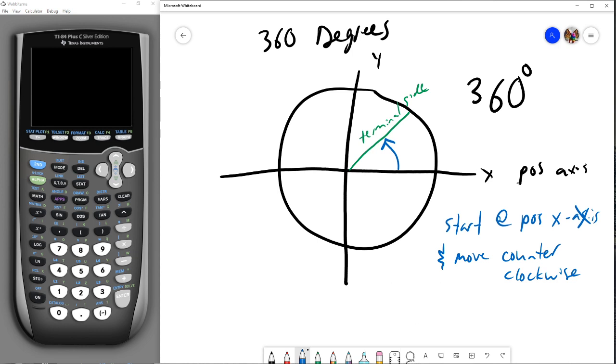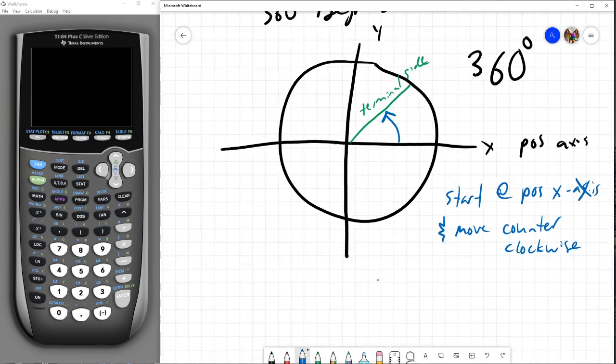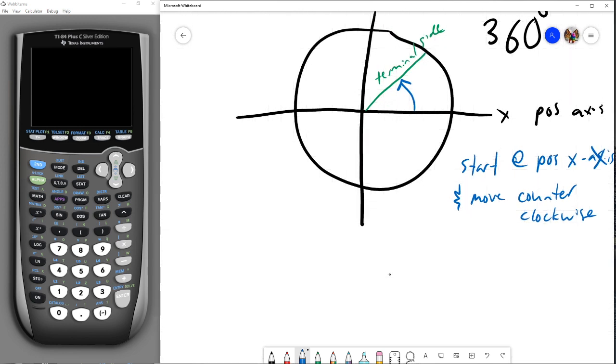So again, we are starting at the positive x-axis and we're moving counterclockwise, and we can go around a circle one time, or go around it over and over. In fact, this leads us to a new idea called coterminal angles. So let's note coterminal angles over here. If I go around a circle, say 0 times, or 0 degrees, I am right here.